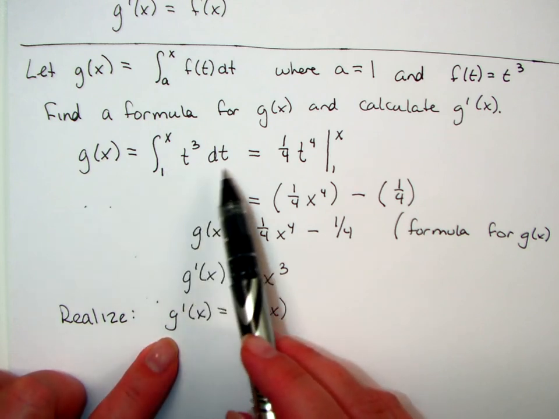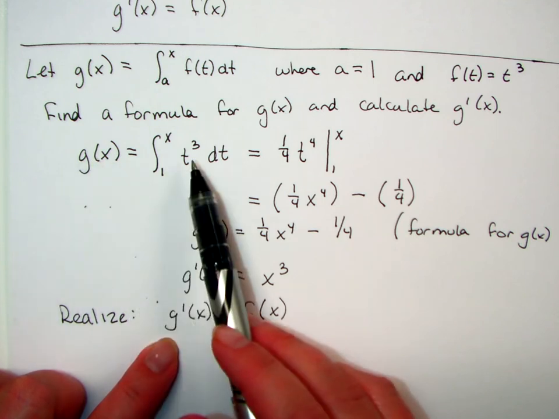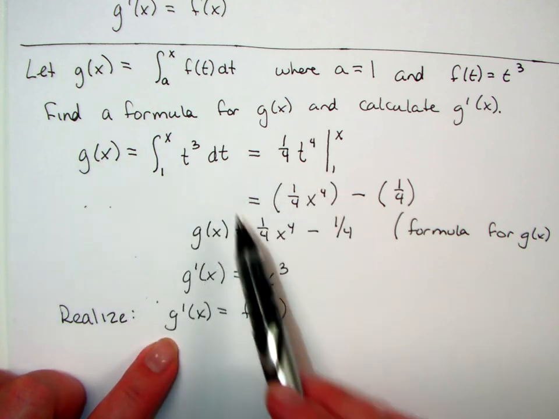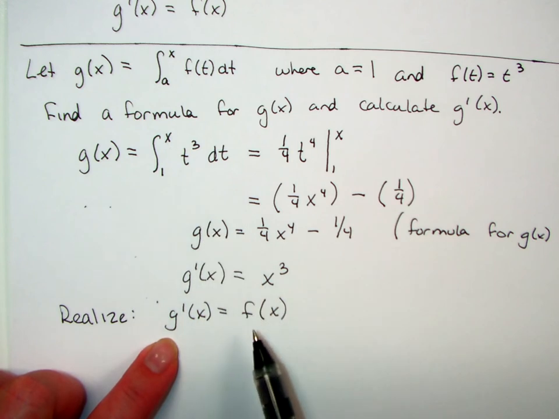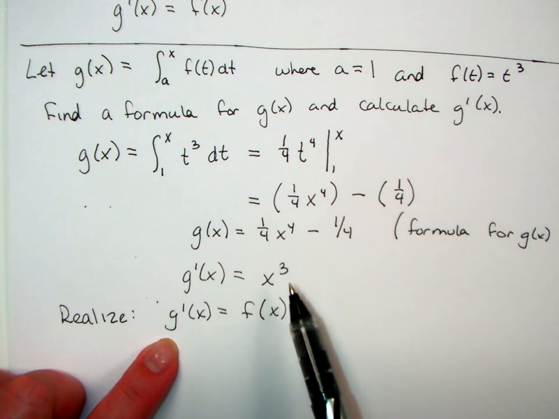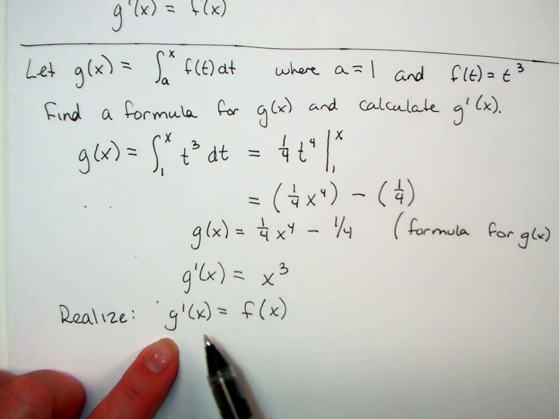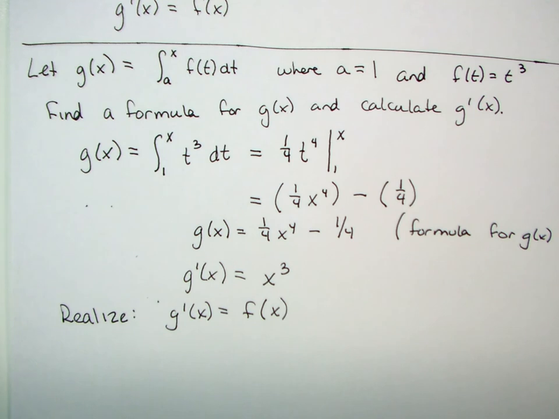So we're integrating with respect to t, but if we take the derivative, the t goes away because we're plugging in that upper bound into the antiderivative, and it changes that variable to f of x, right? Because if f of t is t cubed, then f of x is x cubed, right? So we just showed that g prime of x equals little f of x, right?